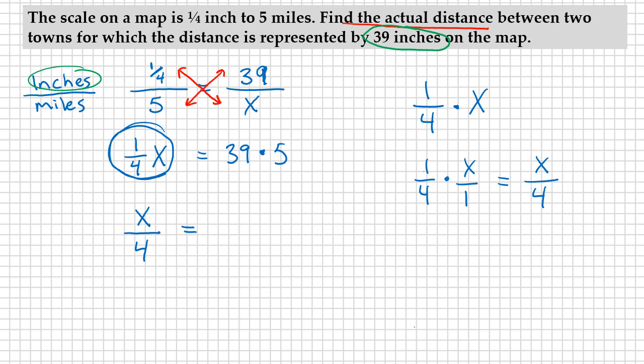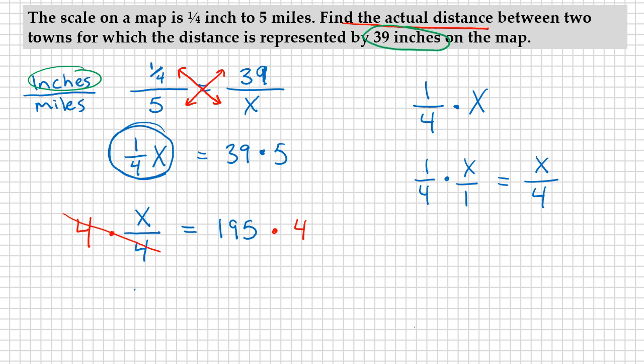Okay, and on the right-hand side, 39 times 5, that will give us 195. Now, we're solving for x, and x is being divided by 4, so we want to do the opposite. We want to multiply by 4. And if we do it to one side, we got to do it to the other side. And on the left, those 4's cancel.